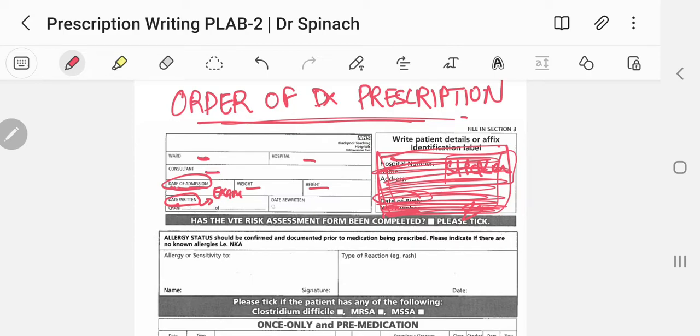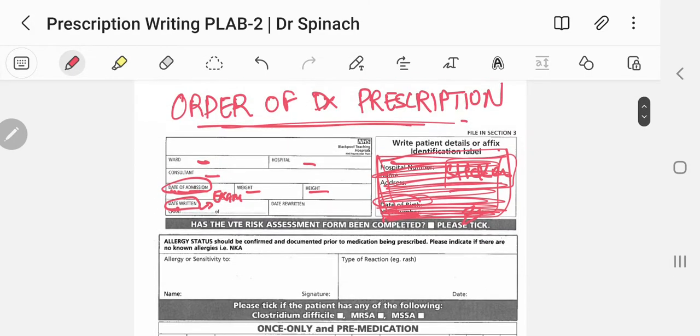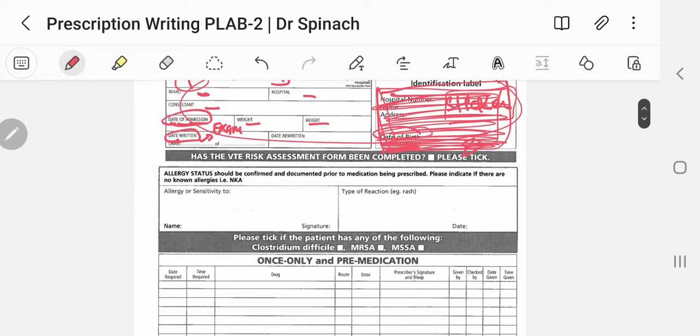And yeah, the rest of the things are not important. So the first thing that you fill is, remember, the demographics of the patient. This is the top page. Usually the prescription is filled in the order of how the pages are appearing, but there are a few ups and downs in a few things that we're going to discuss here.